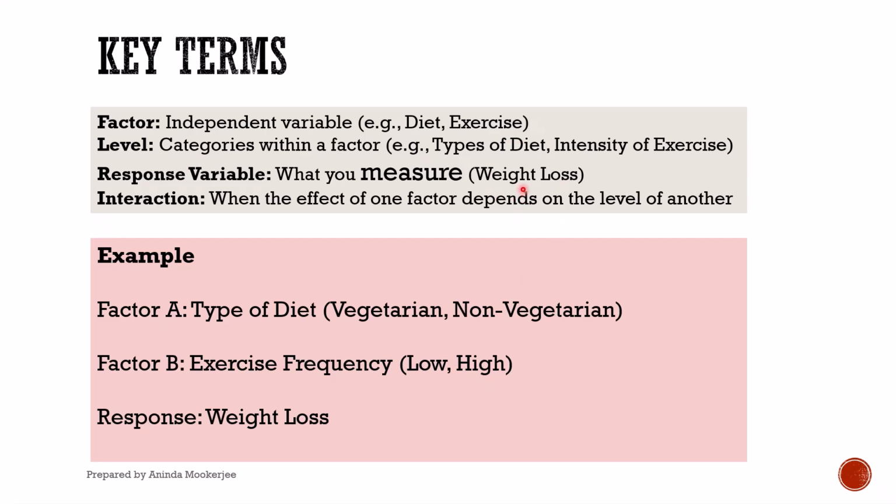So we want to study whether diet types have an effect on weight loss by itself, or whether it's exercise and its frequency which determines the weight loss, or whether both have an impact on weight loss, right? Whether the type of diet is also affected by the exercise frequency to determine difference in weight loss. All right, so this is an example which we will go through in future slides as well.